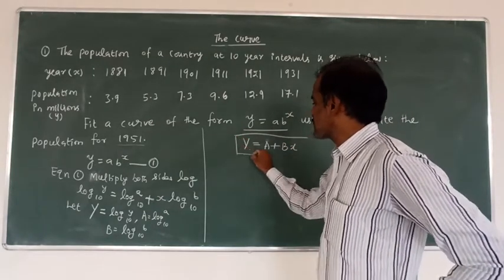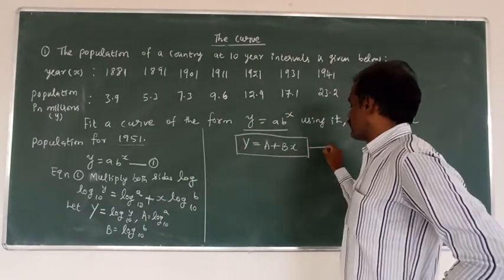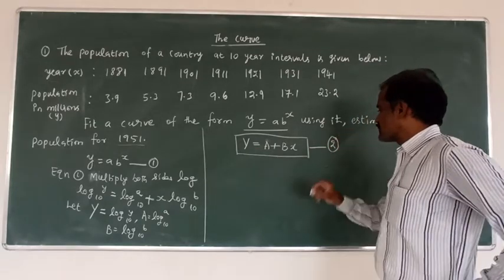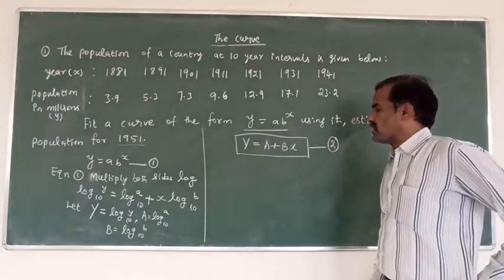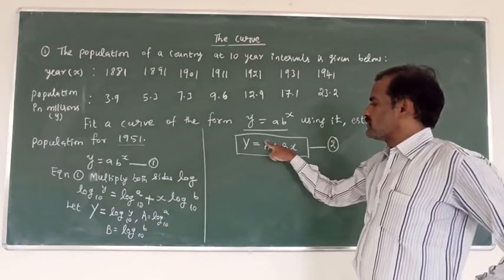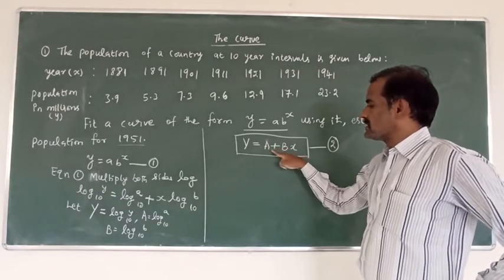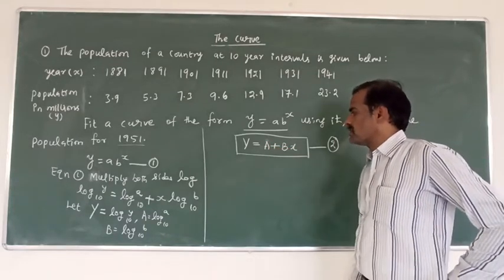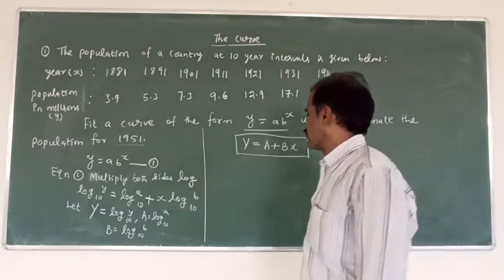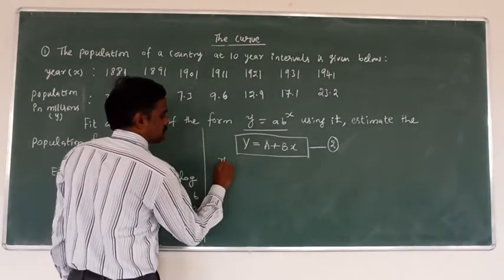This is the straight line format equation. This is equation number 2. Now we have to find the value of A and B. These two are constant values. We have to find them out. For that we can use the normal equation.